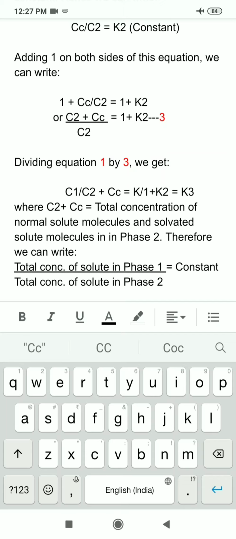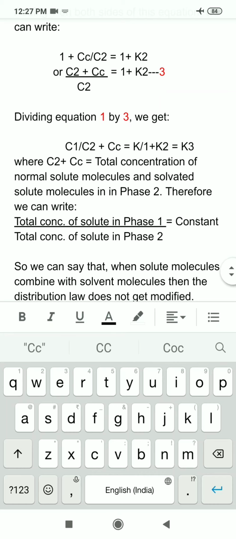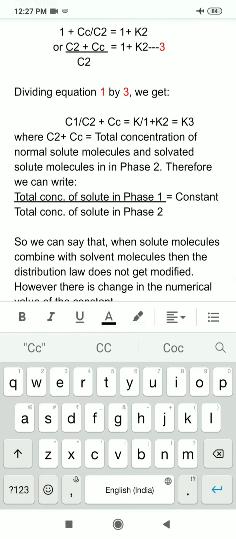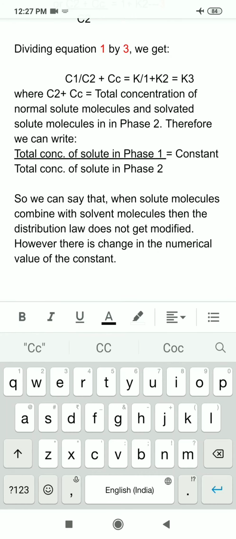Here C2 plus Cc is equal to total concentration of normal and solvated solute molecules in phase 2. Therefore we can write total concentration of solute in phase 1 upon total concentration of solute in phase 2 is equal to constant. So what we can say? We can say that when solute molecules combine with solvent molecules, then the distribution law does not get modified.